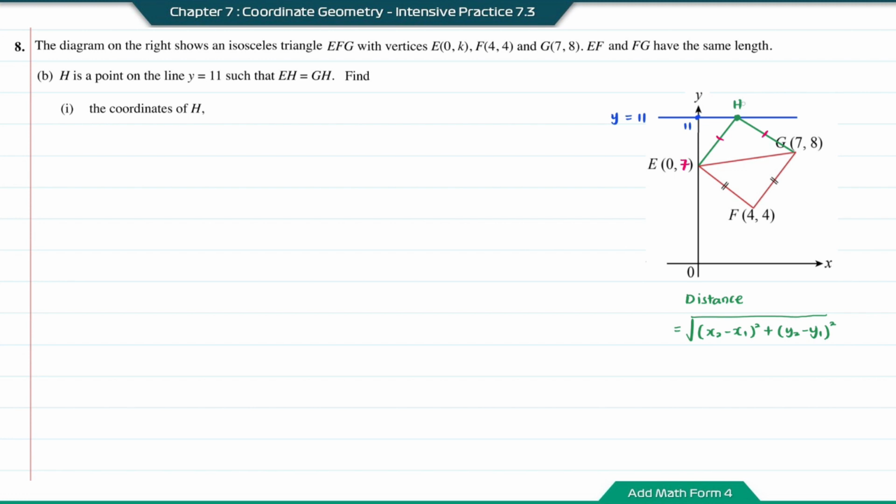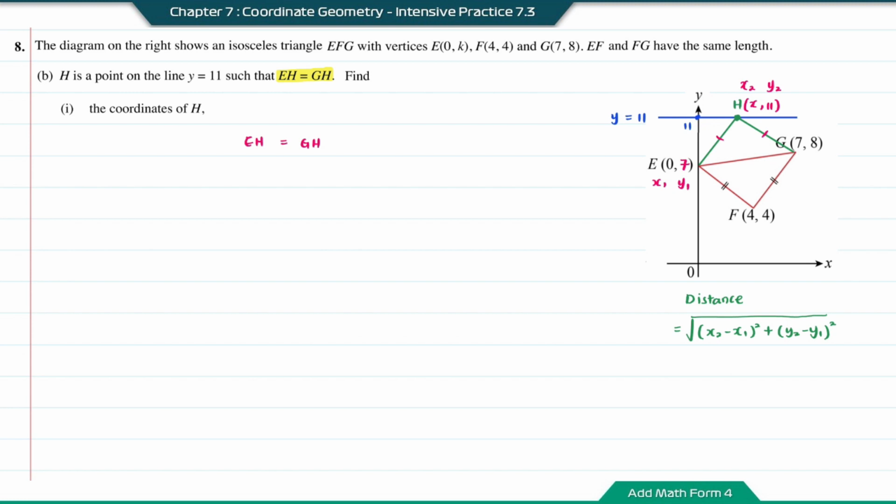For this point H, we don't know its x coordinate. But as this point lies on the straight line y equal to 11, its y coordinate will be 11. Again, using the information EH equal to GH, we're going to find the coordinates of H.